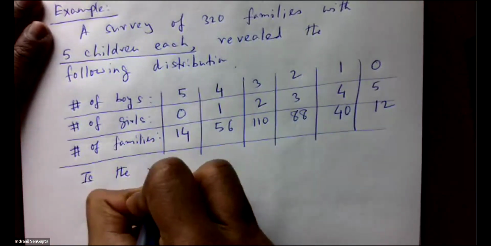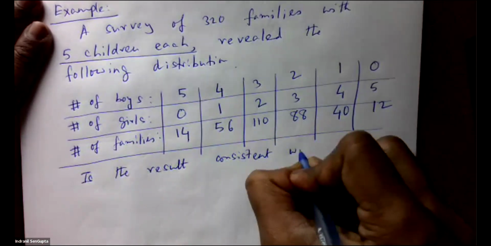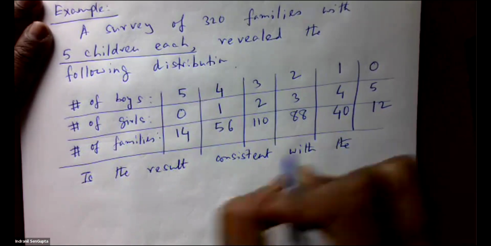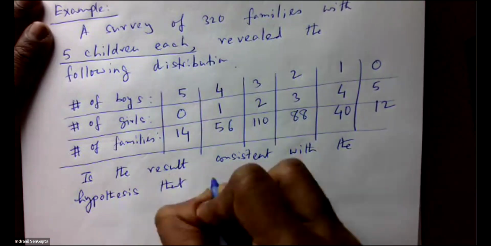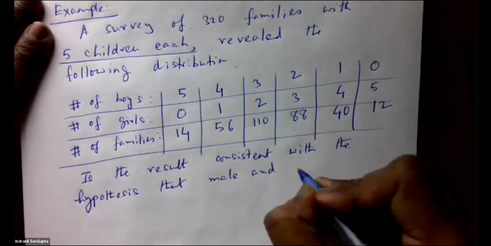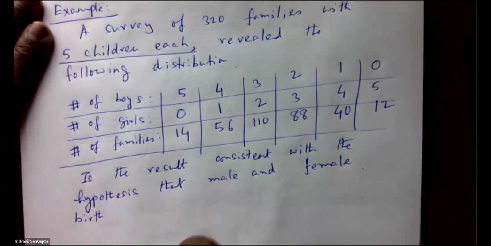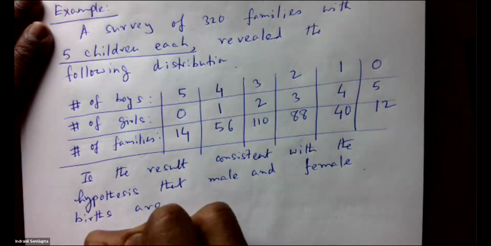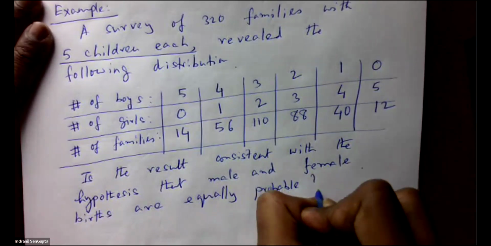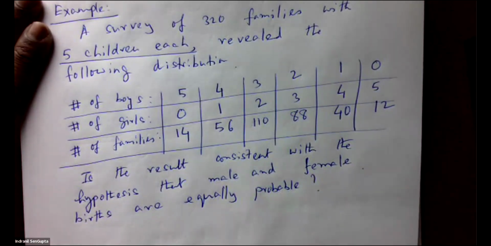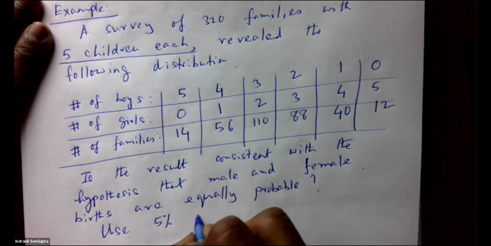Is the result consistent with the hypothesis that male and female biological births are equally probable? Okay. So use 5% significance level.